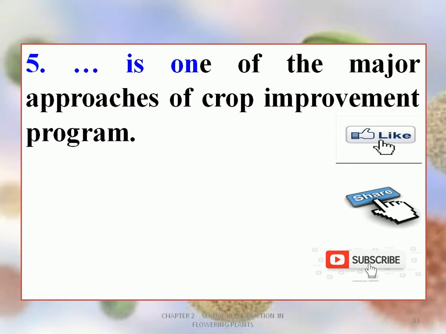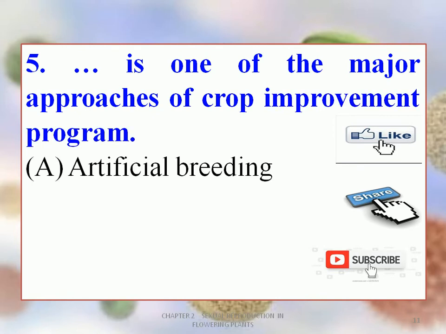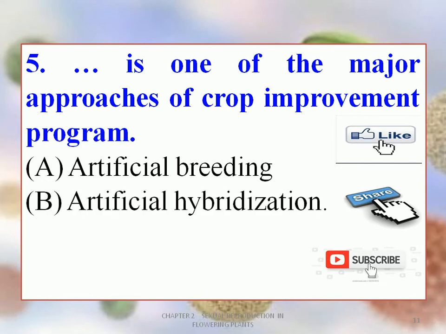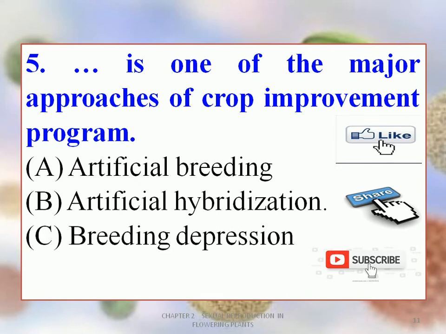Let's move to the next MCQ. Dash is one of the major approaches of crop improvement program. The options are A. Artificial breeding, B. Artificial hybridization, C. Breeding depression, and D. None of these.